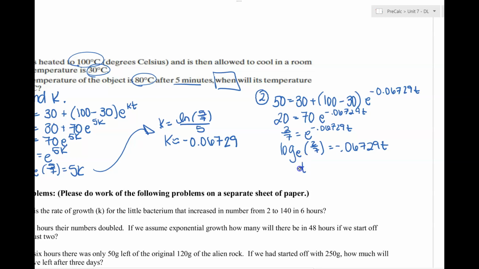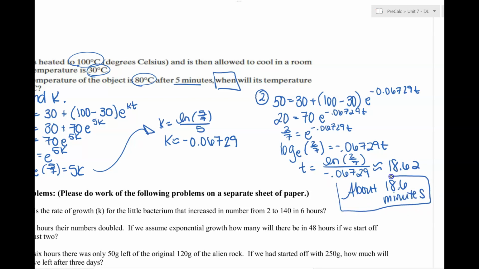And then t is going to equal, again, log base e is natural log, so the natural log of 2 over 7 divided by negative 0.06729. So we get approximately 18.62. So we're going to say that about 18.6 minutes is when this object is going to be 50 degrees.